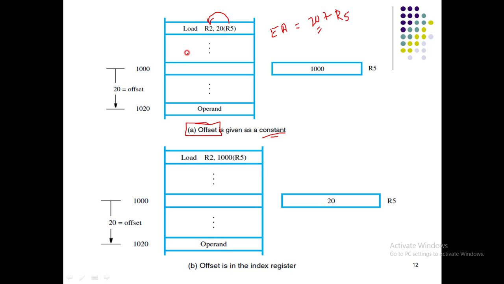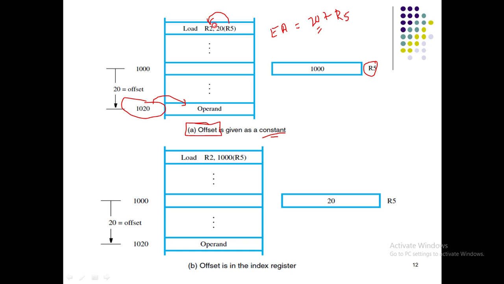If you want to understand this, R5 is this register, right? R5 is at some memory location 1000 and plus 20. After adding 20 to this R5, we will be getting our next memory location, which is 1020, and inside this 1020 we have our operands. So I hope this is clear friends. R5 is at memory location 1000.